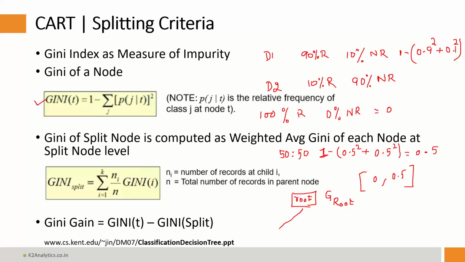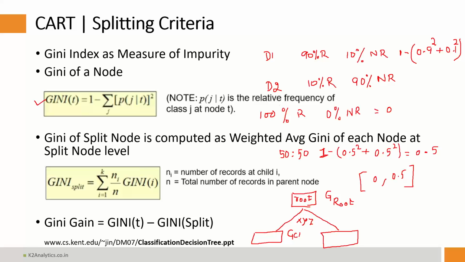I have to find out which variable is important. So let's just assume there is some variable XYZ, and based on that XYZ, this data is split into two children. Hypothetically, that is what I'm doing as of now.